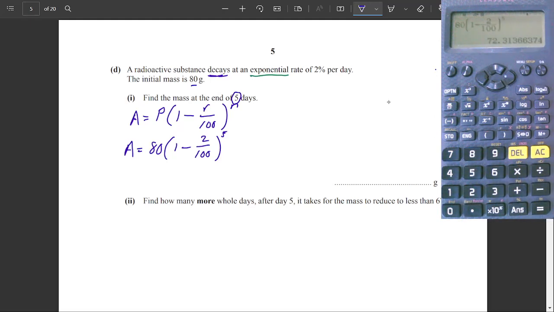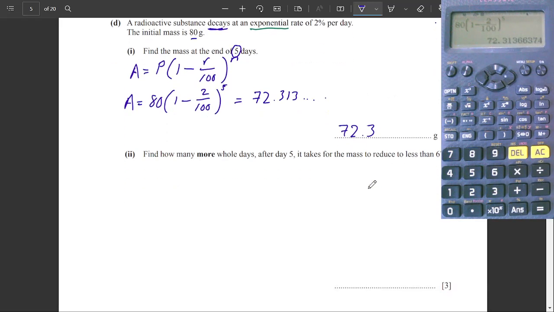And then we get a sweet 72.313, etc. Rounded to 3 significant figures is 72.3 grams.